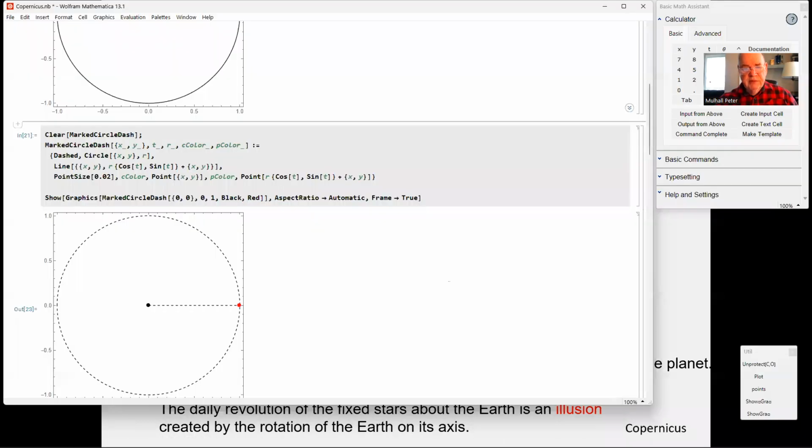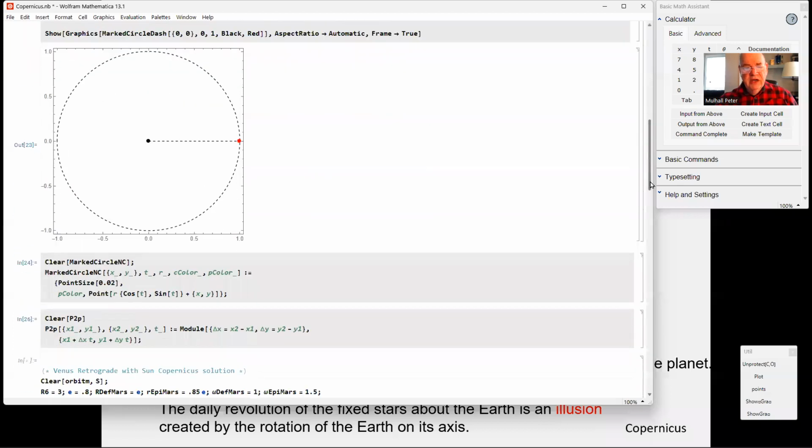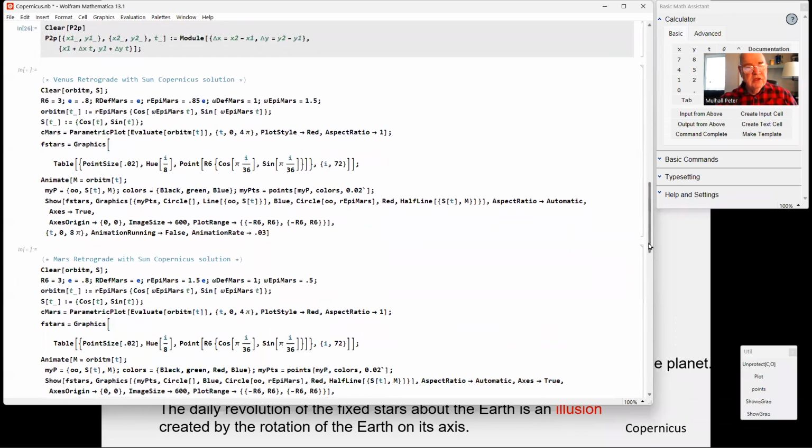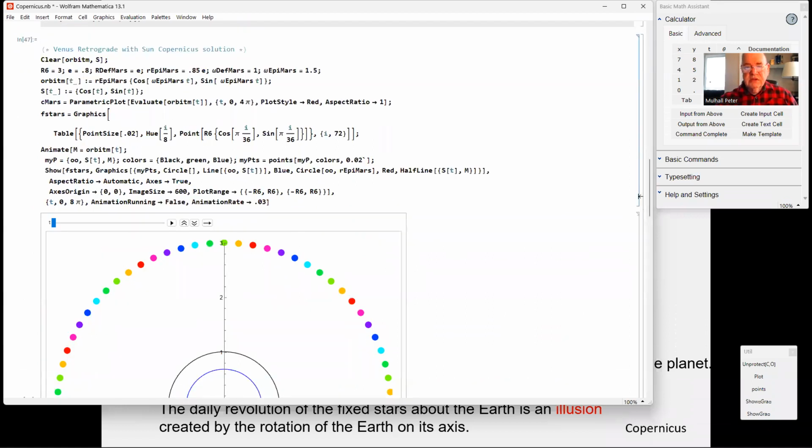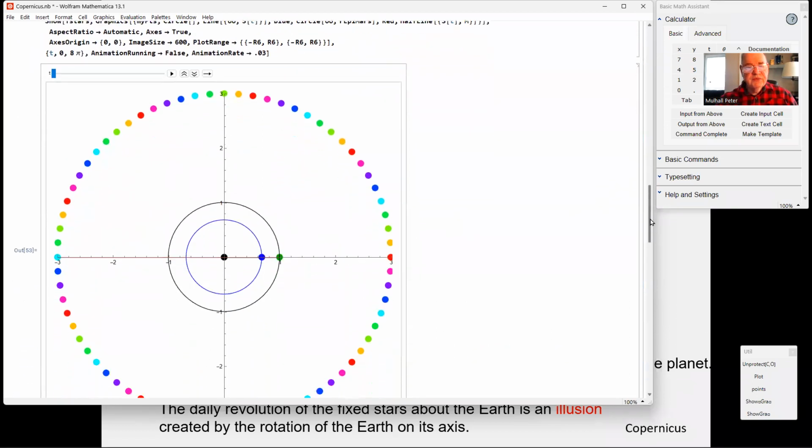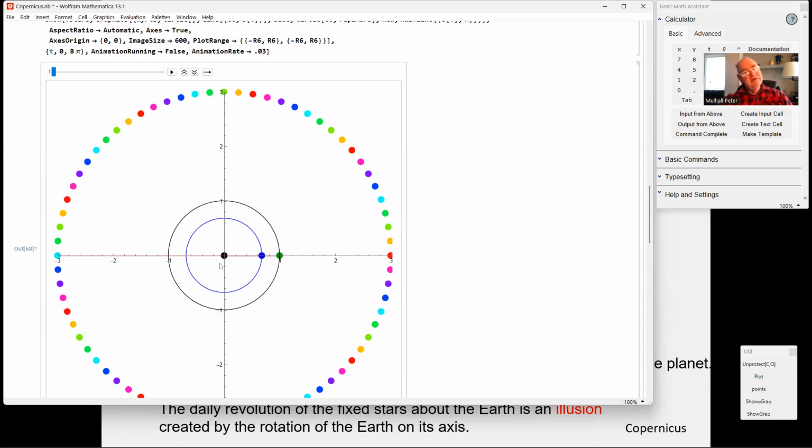One cause and many effects. Look how elegant, guys. Look how wonderfully elegant Copernicus's theory is. Here we have the sun, and here we have Venus, and here we have the green Earth. And here the red line is the line of sight.